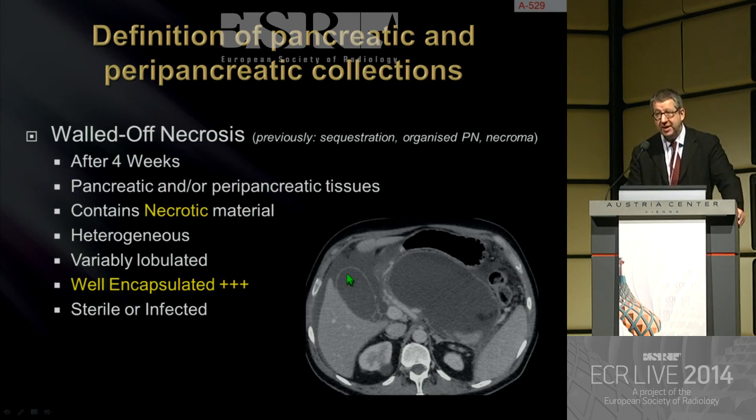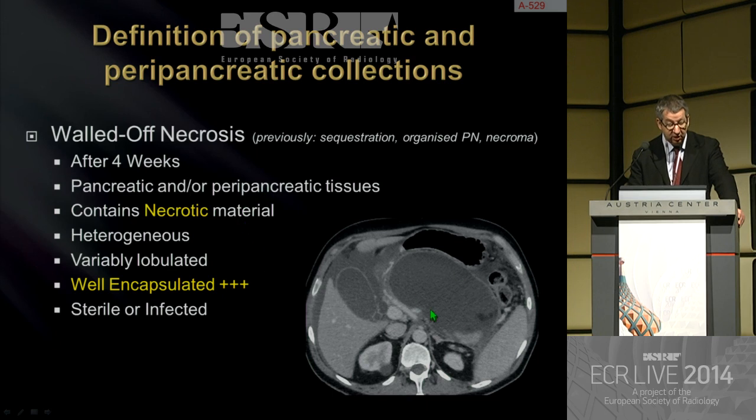The fourth and last term: walled-off necrosis. The previously used terms sequestration, necroma, or organized pancreatic necrosis, never use those terms again. It's walled-off necrosis, only after 4 weeks. It's inside the pancreatic parenchyma and/or outside of the pancreatic parenchyma.